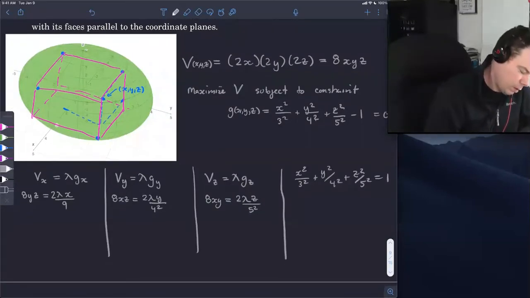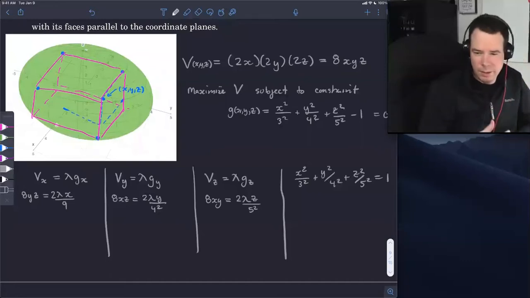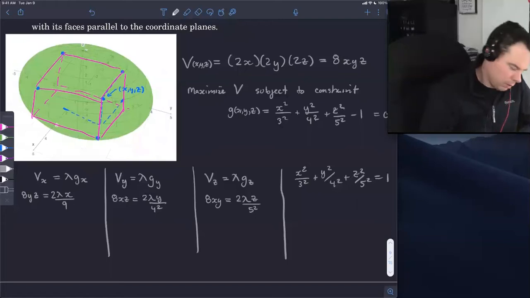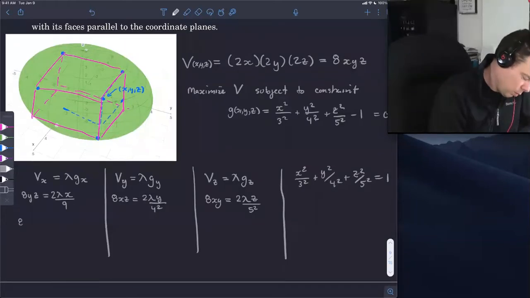Well, one way to do this is to notice that we've got 8yz, 8xz, 8xy as the left-hand side for all of these equations, so I can scale them through to make them all equal. So I could get an 8xyz is equal to 2 lambda x squared over 9. And then we get an 8xyz is equal to 2 lambda y squared over 4 squared.